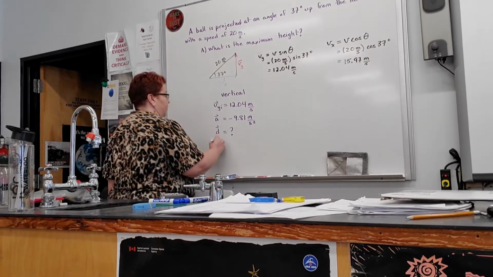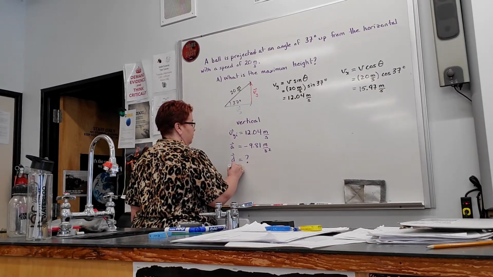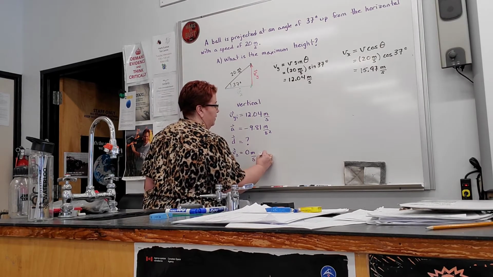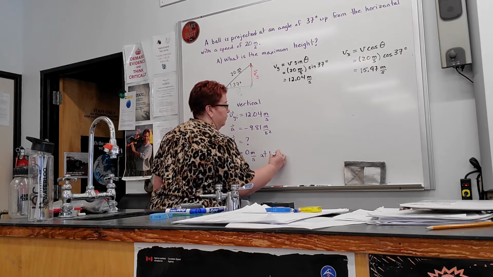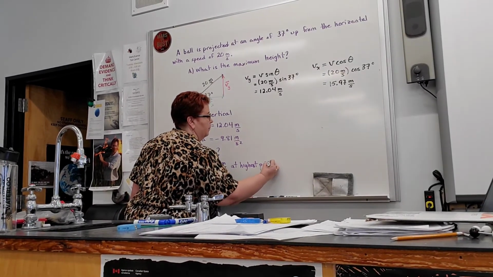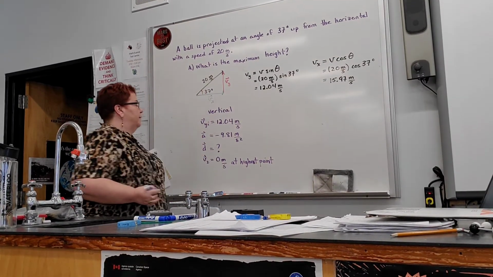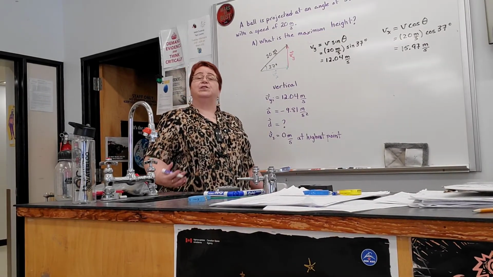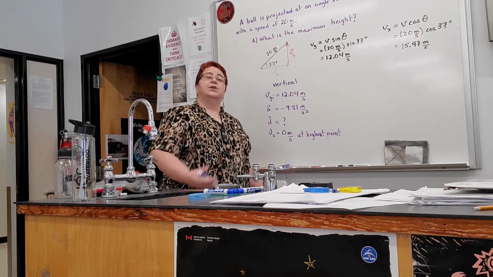So we're going to use that value of V2 being 0 meters per second at the highest point. Okay. And then we can choose a formula to solve for d, and we notice this is the formula that does not have t in it. So let's go ahead and solve that.